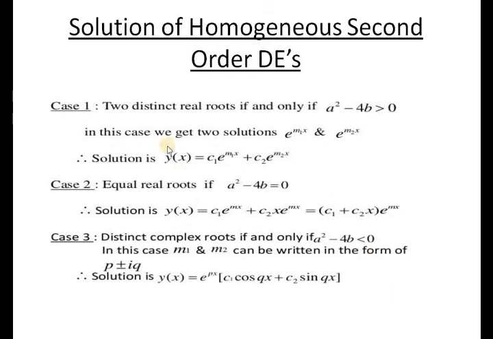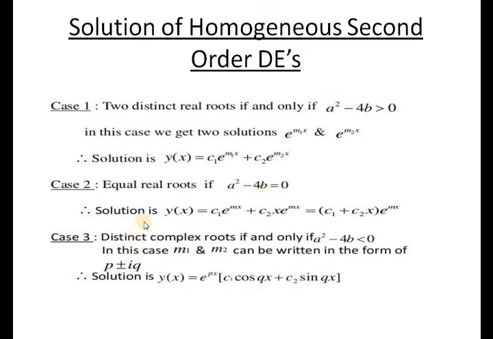Then we can write it as, for two distinct real roots, if the discriminant is greater than 0, we let the solutions be e raised to m1x and e raised to m2x. So the solution y of x will be of the form c1 e raised to m1x plus c2 e raised to m2x. Then case 2 is equal roots, if a square minus 4b equal to 0.